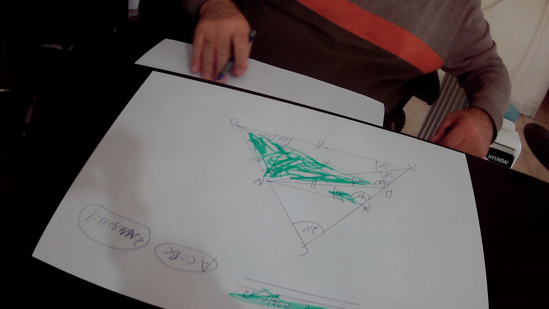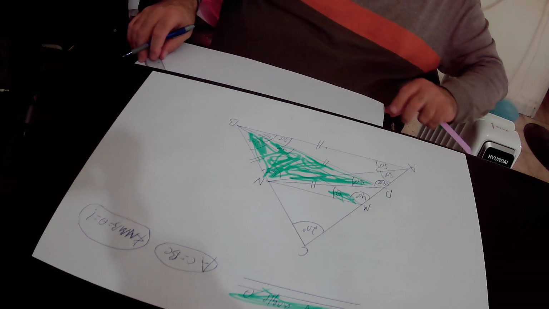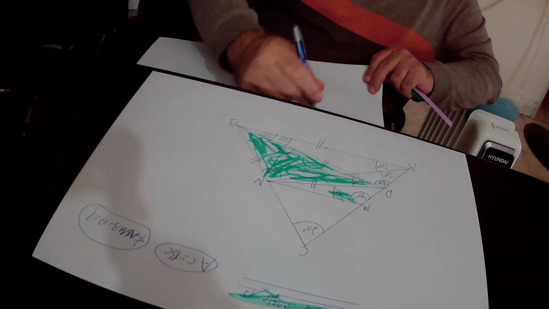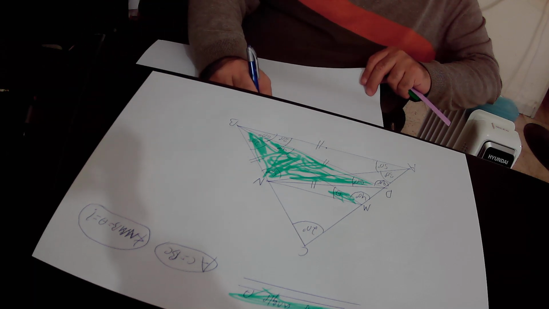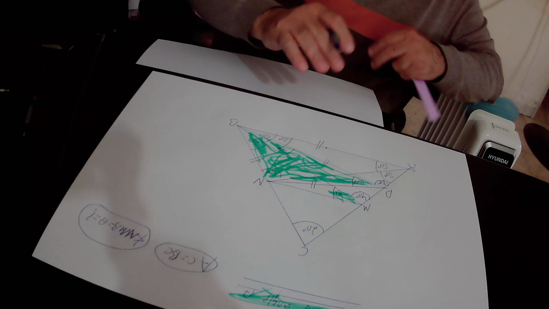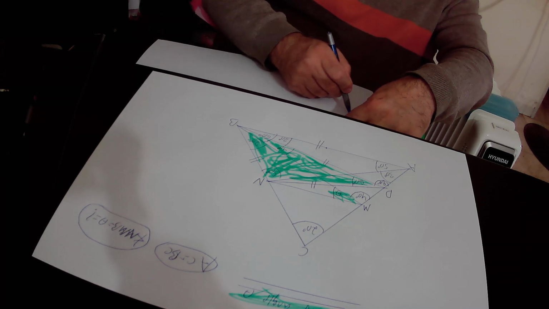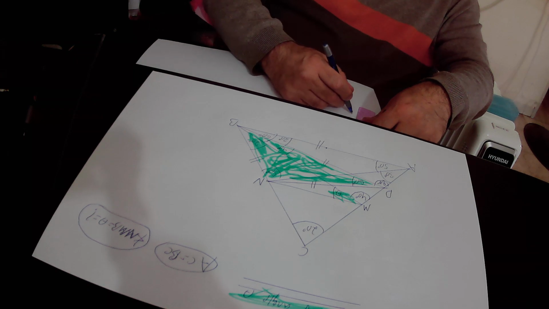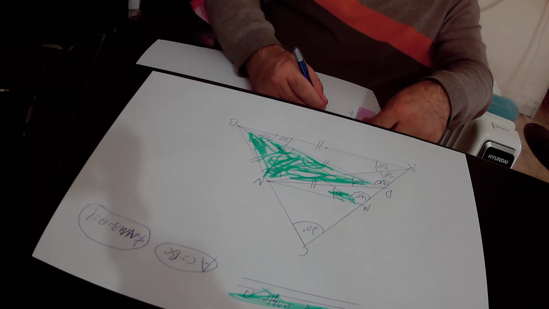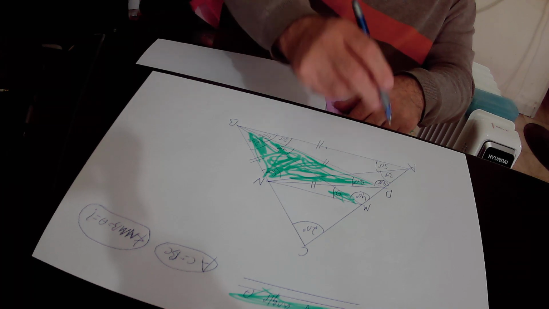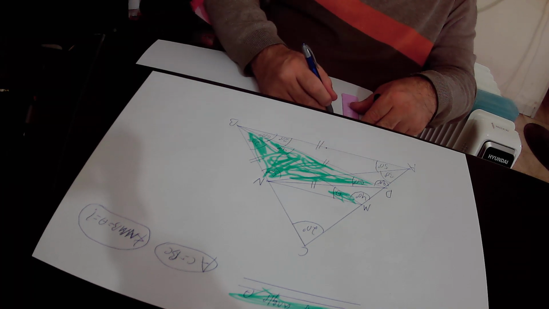So on the straight line CA, on this side of the straight line CA at point D, we have this angle that is equal to 80 degrees.